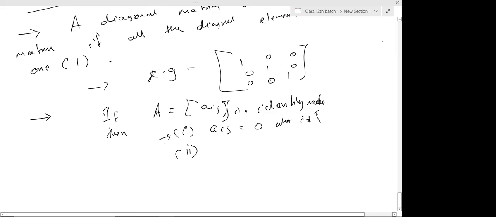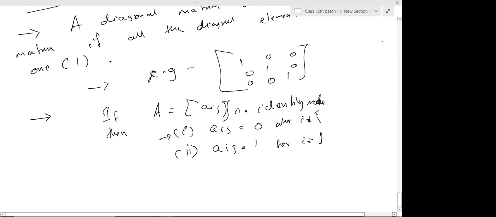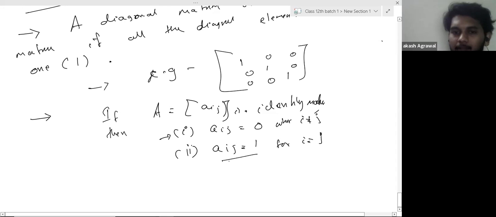Yes, sir. I think it's Aij is equal to 1 for i is equal to j. Is it clear, Hamza? Yes, sir. We don't need three conditions. This takes care of scalar also, right? We need all the diagonal elements as one. All right, this is called identity matrix.